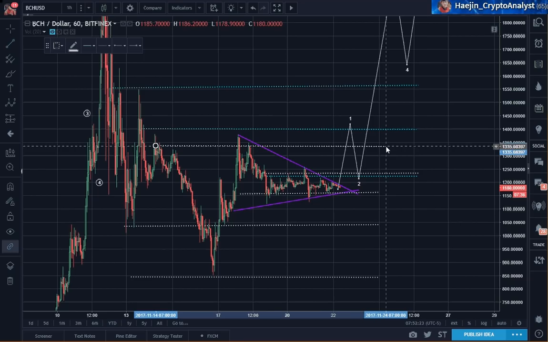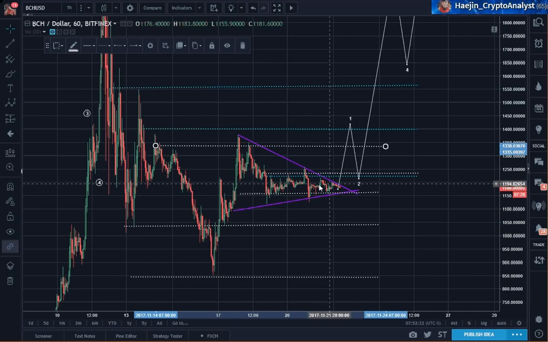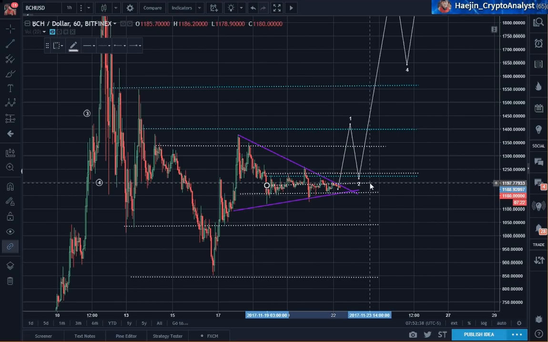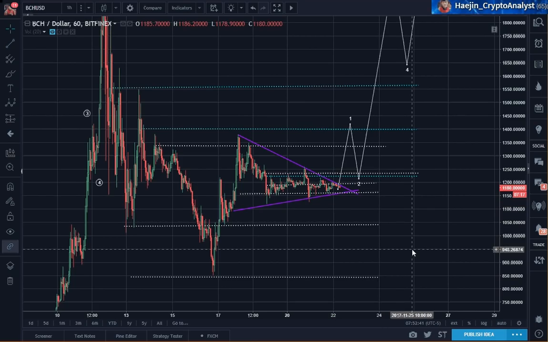Buy it. Okay. And I like to cut through price clouds, clusters like here. Cut it right through. Boom. Buy another one there. Okay.